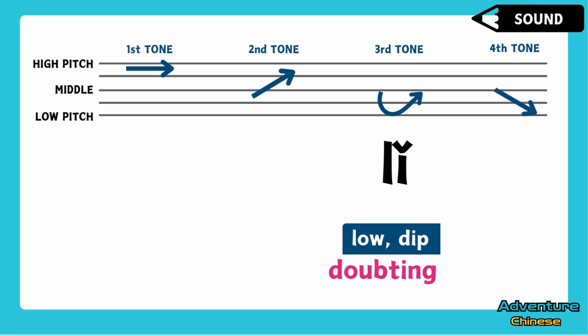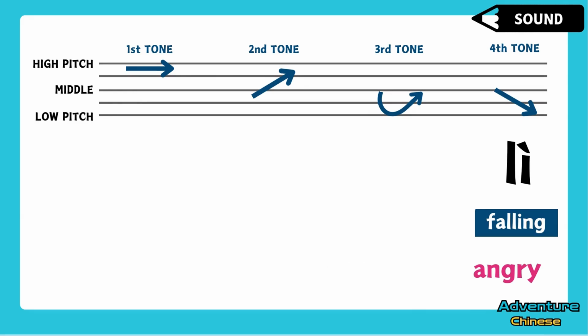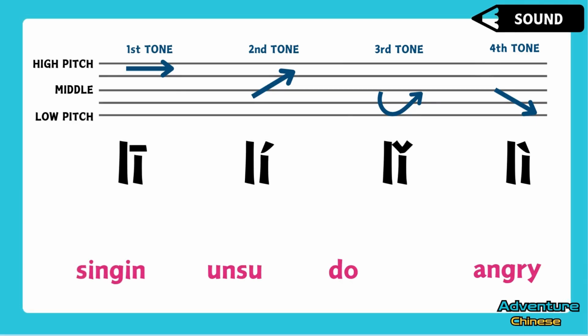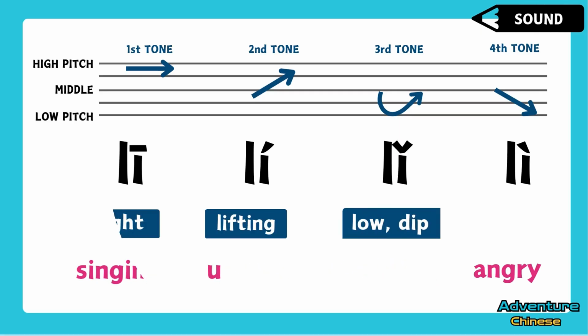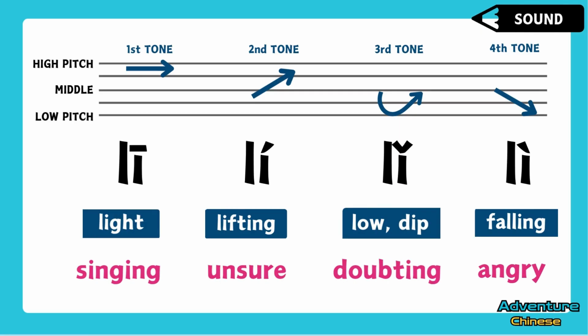The fourth tone sounds falling and angry. The four tones represent different words. Although it takes some time to be familiar with these new tones, it's so much fun to learn a new song.